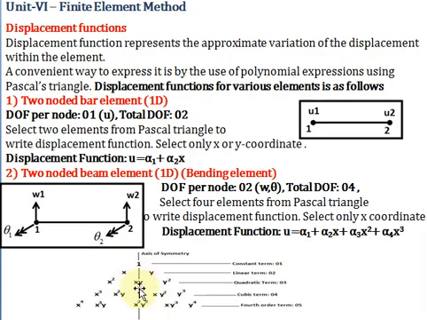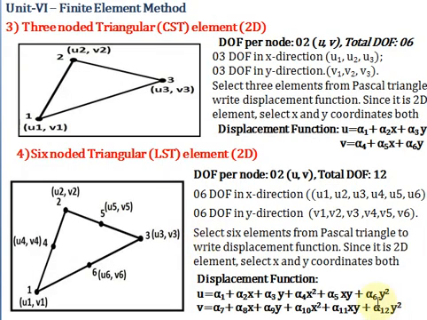Then we select the elements nearer to the axis, so x and y. So 4 are there, again 2 we have to take: x square and y square. So 1, x, y, then x square, xy and y square are the elements that you have to take. So alpha 1 plus alpha 2 x plus alpha 3 y plus alpha 4 x square plus alpha 5 xy plus alpha 6 y square. The same will be there for v, only the values of alpha will change.